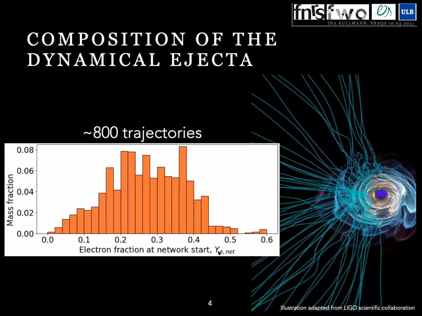So we don't have one single electron fraction, we have a range. And here on the y-axis, we have the mass fraction. You can see that most of the material is centered around 0.3 in electron fraction, but the tail goes all the way up to 0.6 and down to 0.05.